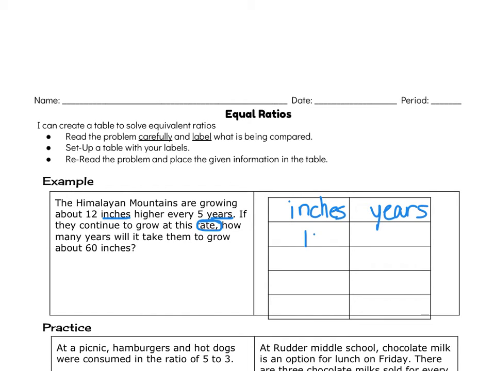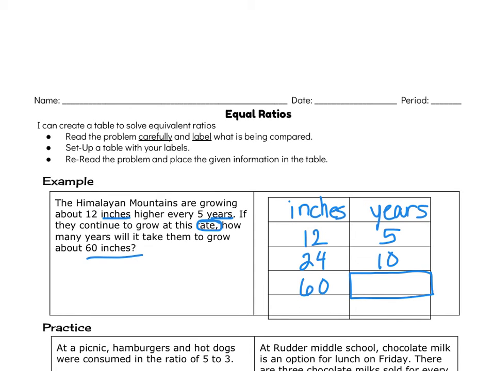And it says 12 inches in 5 years. So in 10 years, we can say it's going to be 24 inches, because all I did was continue down. There's 5 more years, 12 more inches. 5 times 2 is 10, 12 times 2 is 24. So the question is asking us, at this rate, how many years are we looking for, it's going to take them to grow 60 inches. So I can do this a multitude of ways.